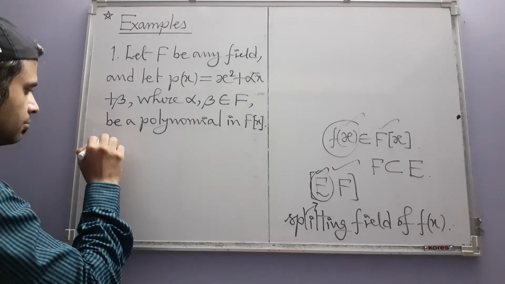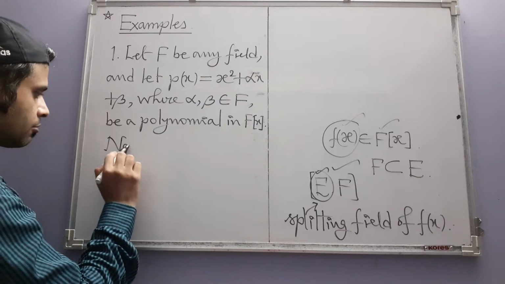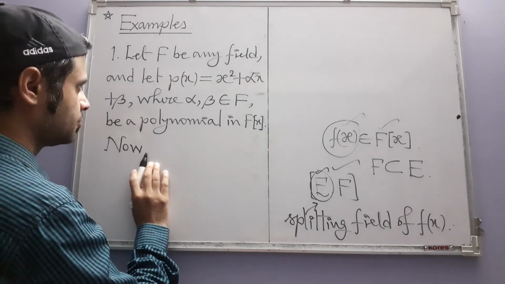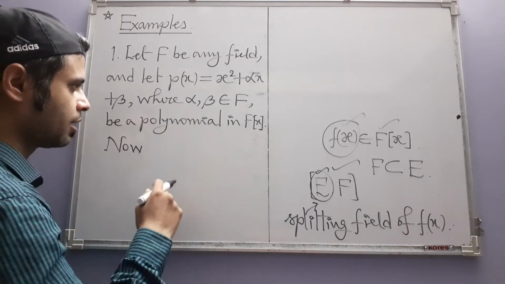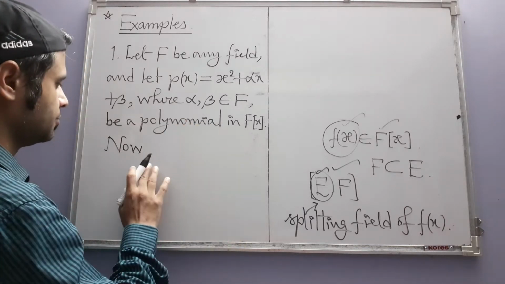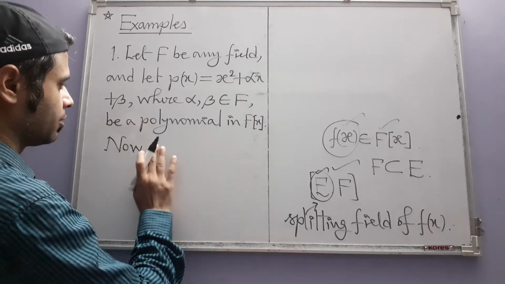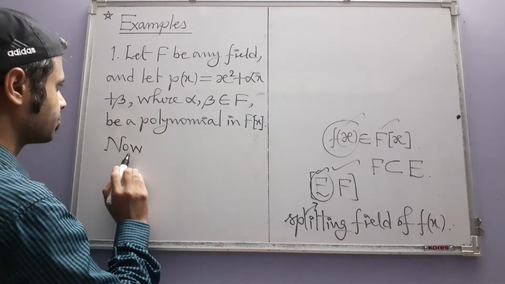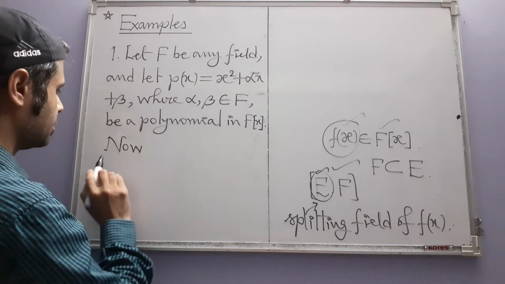Oftentimes he likes to elaborate more than necessary, which is not a problem at all, because for us beginners that is in fact helpful. So we should not criticize that.